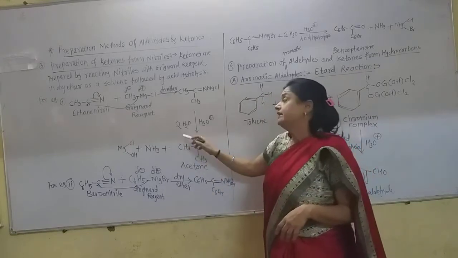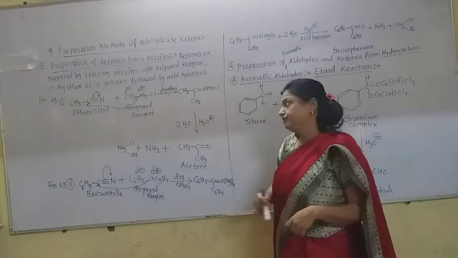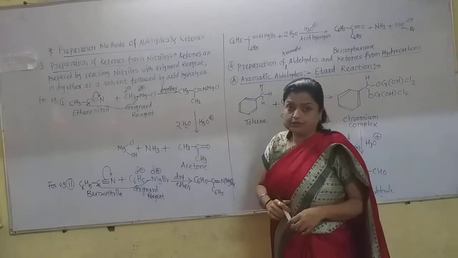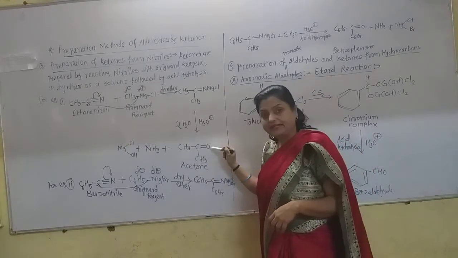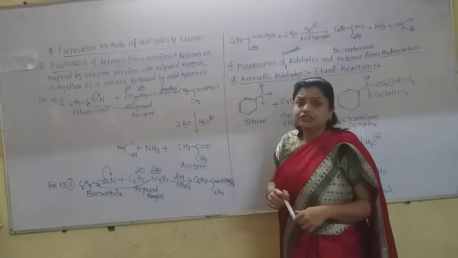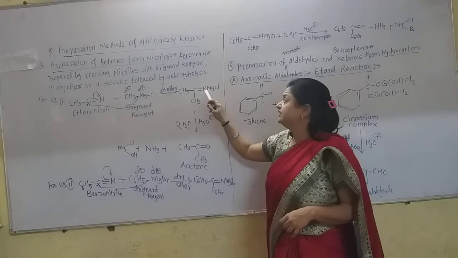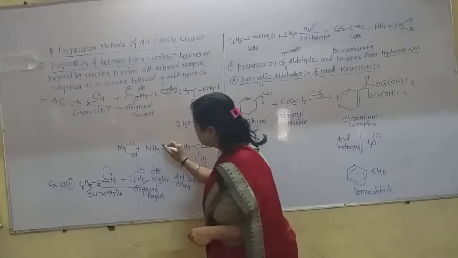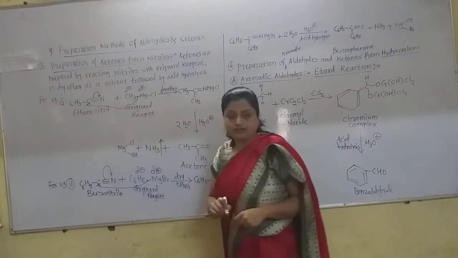Now what is remaining from these two water molecules? 4 hydrogen atoms and 1 oxygen atom, because 1 oxygen is already added here. Out of those 4 hydrogens, 3 hydrogens react with this nitrogen and form ammonia gas, which gets evolved here.